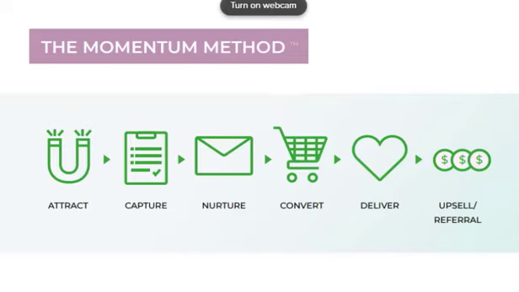So for each one of these steps, you could have 2 things that you need to do. You could have 10 things that you need to do. You could have 100,000 things that you need to do. Let's even just take attraction, and you can go watch my videos and even take my course on how to build a lead magnet.